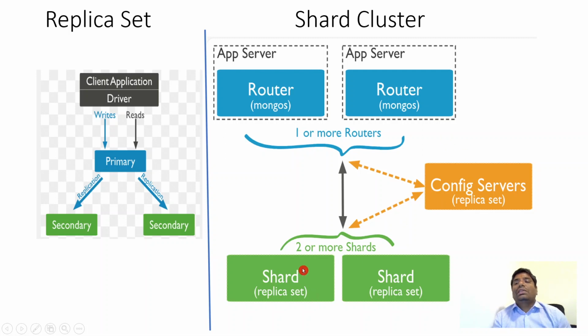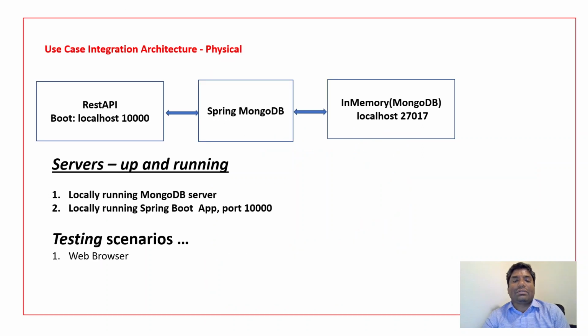As I was telling you, the shard will have replicas, and this replica will have the master slave architecture underneath. Here you always talk to a router. So that is the advantage of Mongo. In the scope of this session, I cannot give you a deeper dive into these clusters. Definitely you can go ahead and read up.